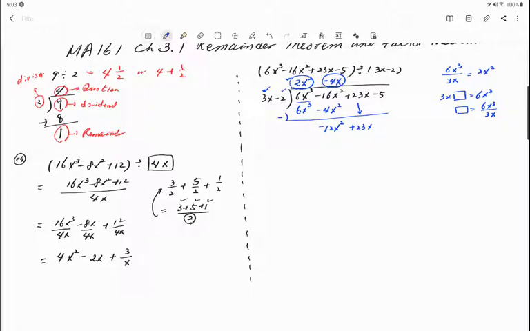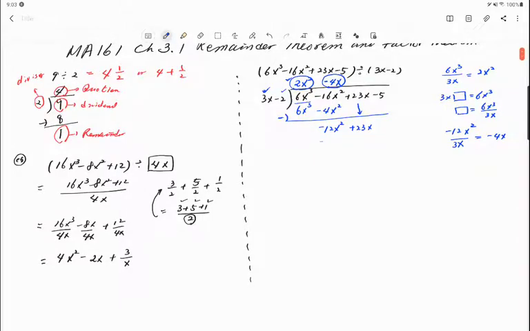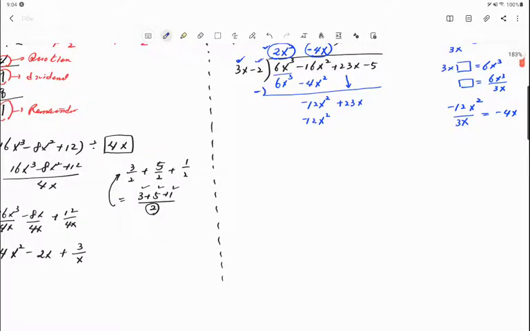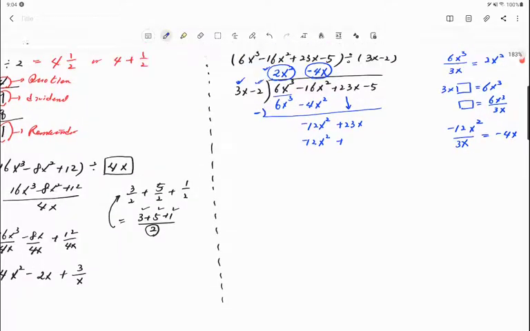And how did you get negative 4x? You can do it like this. So divide negative 12x squared by 3x, then negative 4x, right? So this negative 4x comes over here. Then negative 4x times 3x is negative 12x squared, right? So multiply negative 2 by negative 4x, then plus 8x.